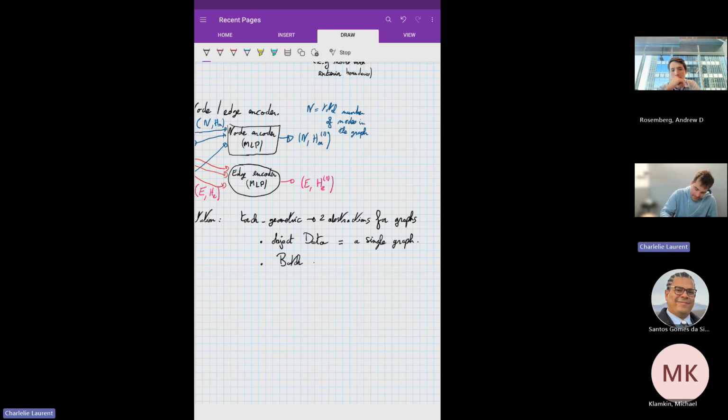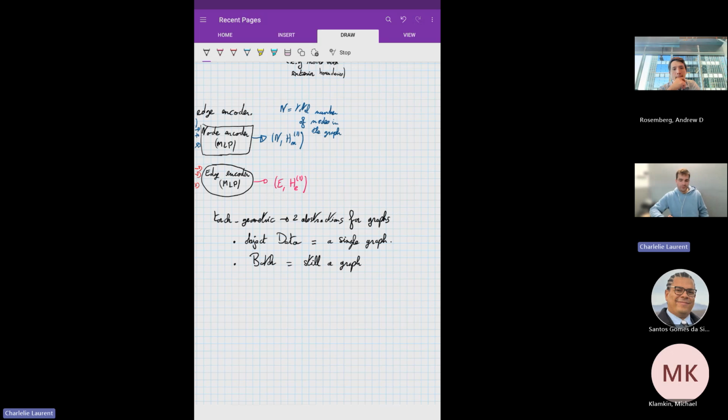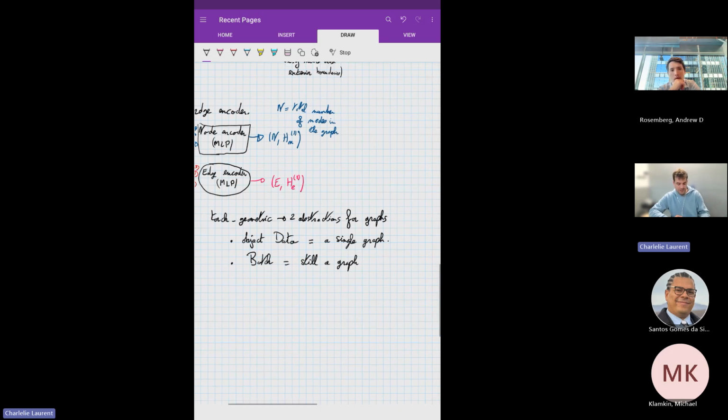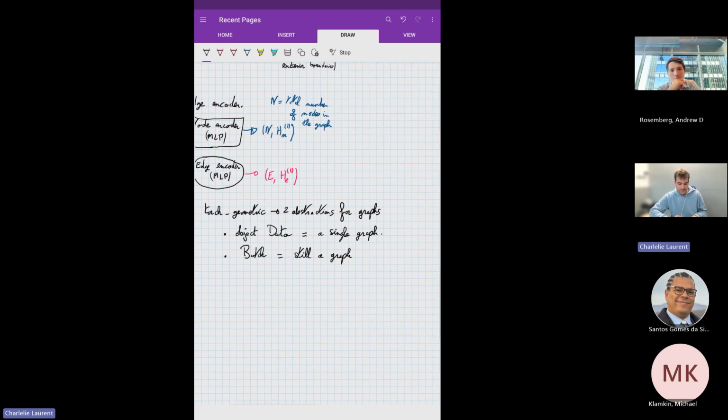It's still a graph, but the main difference with PyTorch is that in PyTorch, when you batch some tensors, you add a leading dimension, and this becomes your batch dimension. In Torch Geometric, it will batch all the nodes together as a single graph.